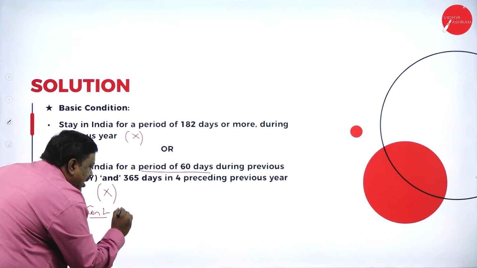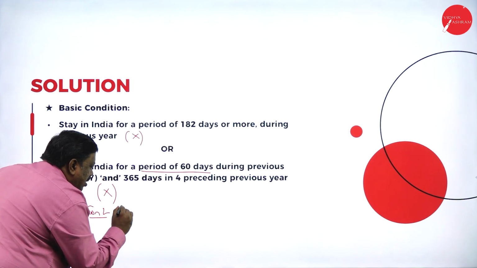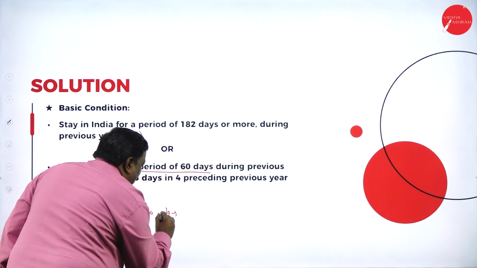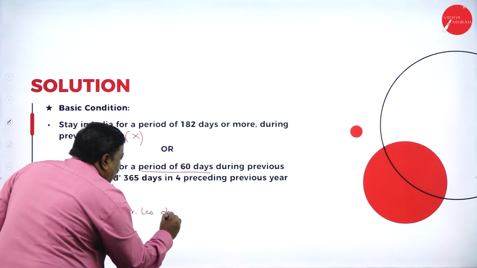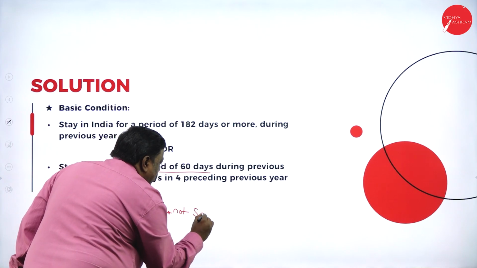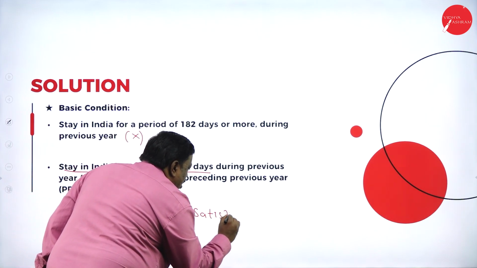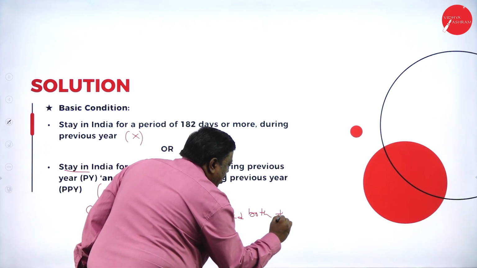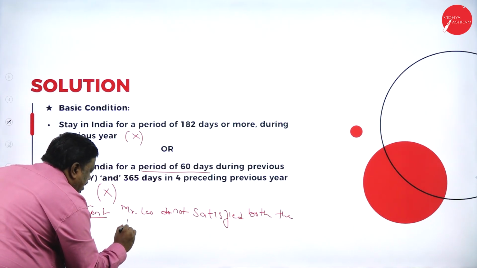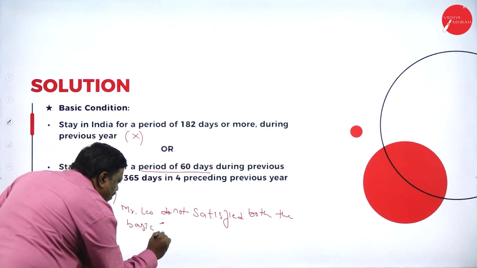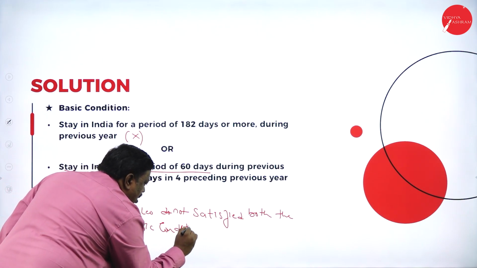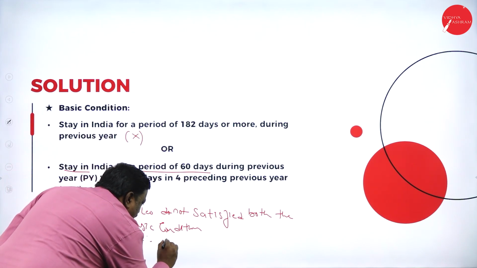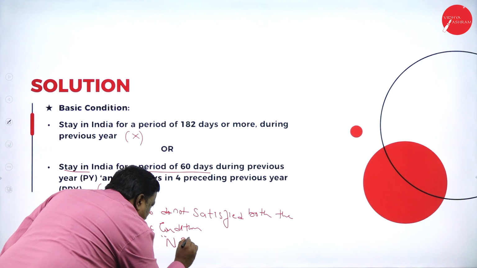Conclusion will be Mr. Leo not satisfied both the basic conditions, therefore status will be non-resident.